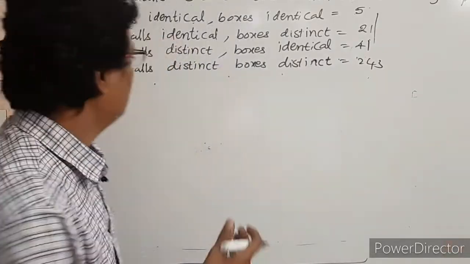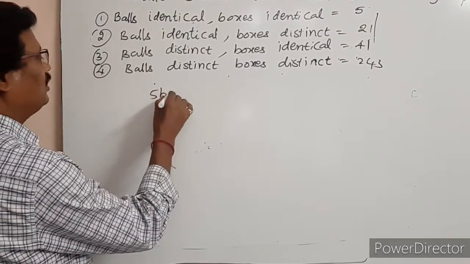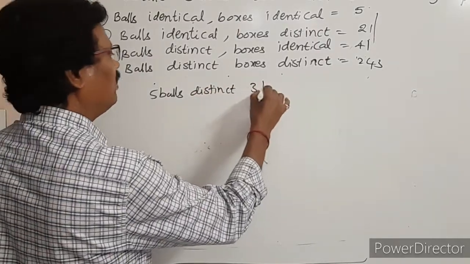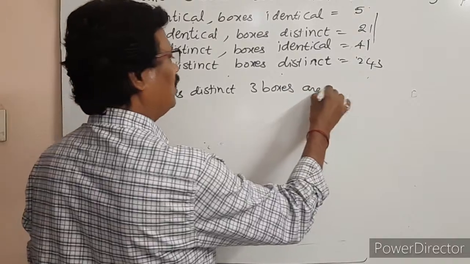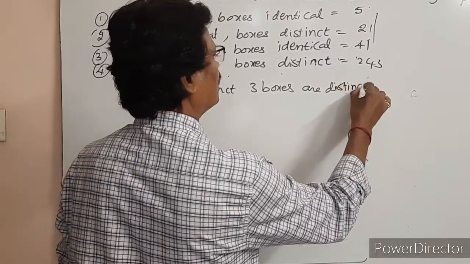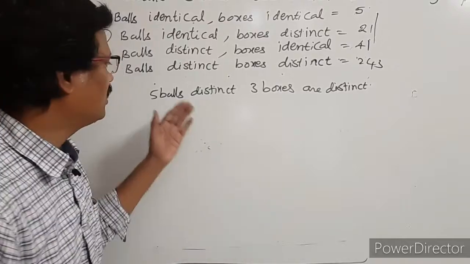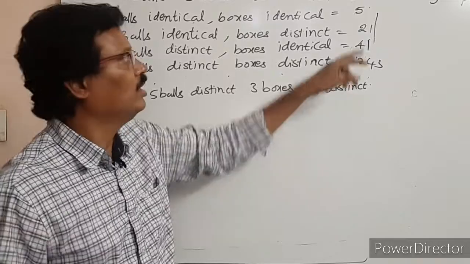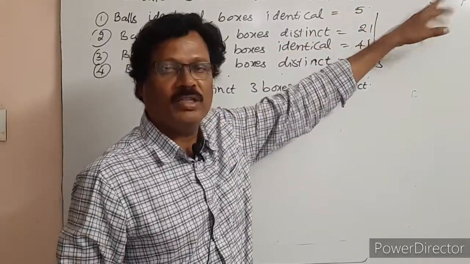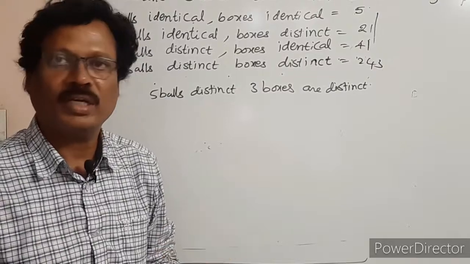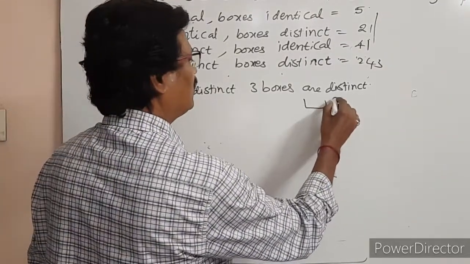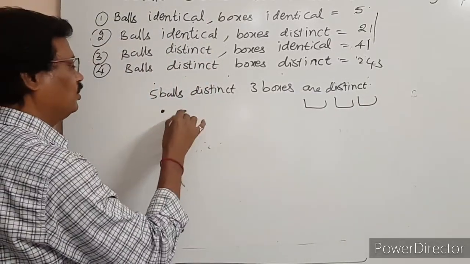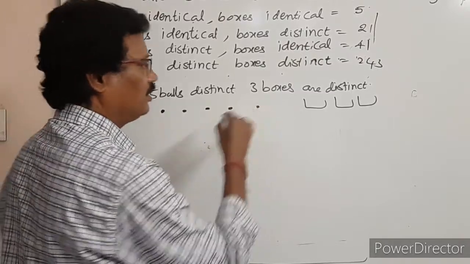See the fourth one. Fourth one is what? 5 balls are distinct and 3 boxes are distinct. Now, the number of ways of distributing 5 distinct balls into 3 distinct boxes, so that a box may contain either 0 or more, so that a box may be empty. Now, these are the 3 boxes. Here 5 balls are there, 1, 2, 3, 4, 5.